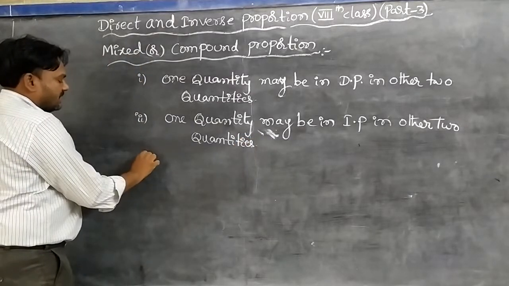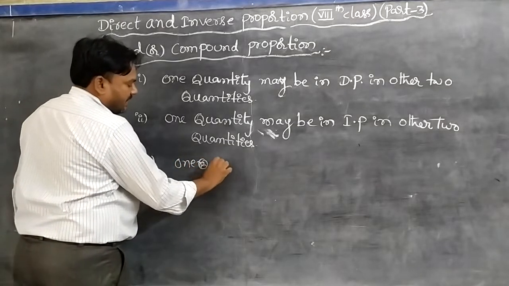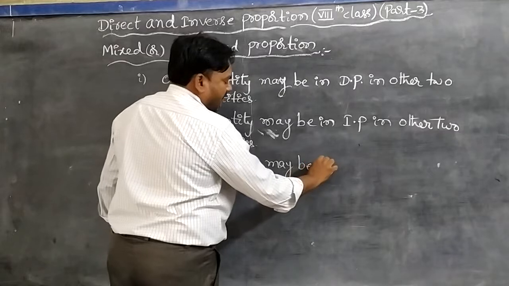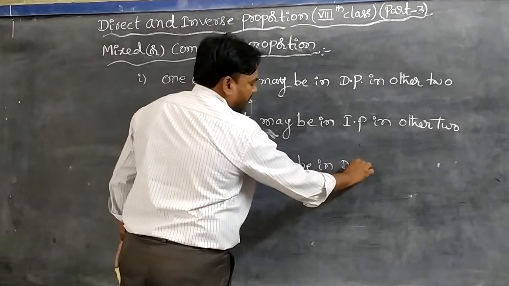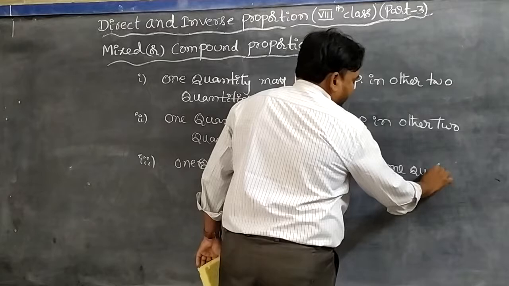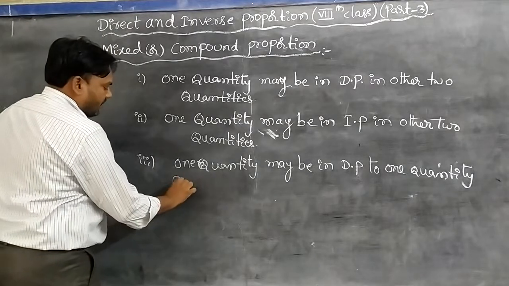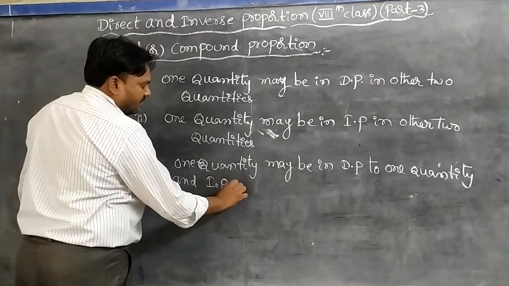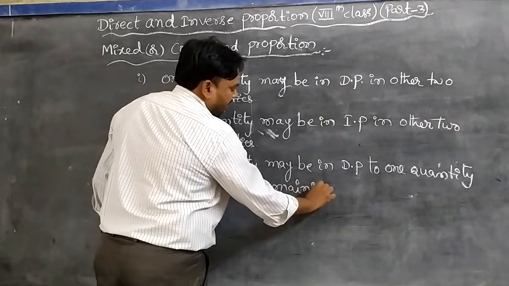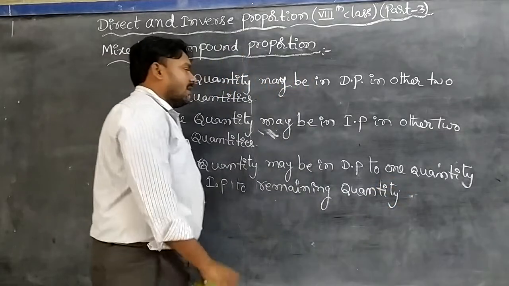Third, one quantity may be in direct proportion to one quantity and inverse proportion to the remaining quantity. These are the three cases, students.